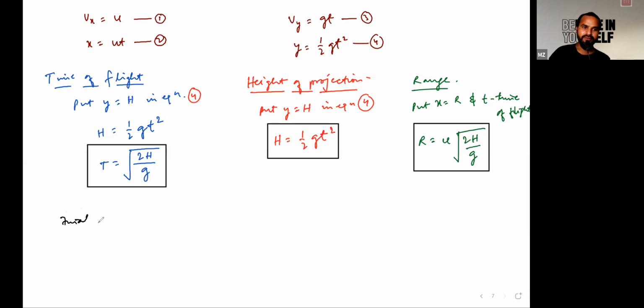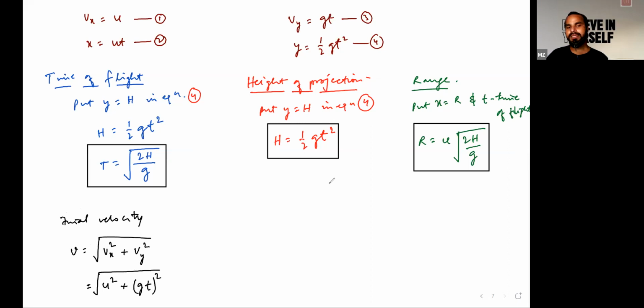So your final velocity from this expression would be nothing but root under x component square plus y component square. The x component is nothing but u, so it will be u square, and the y component is nothing but gt, so it will be gt square, all under root. Is it clear how I have obtained this? Hamza?